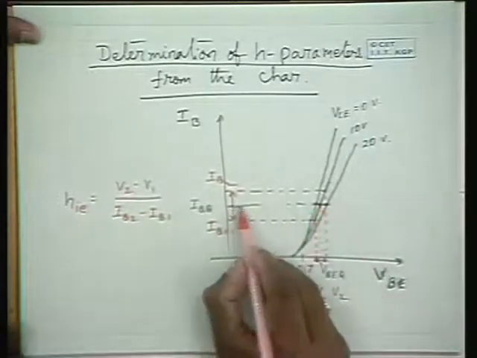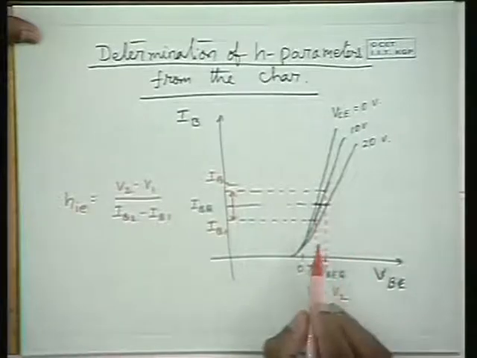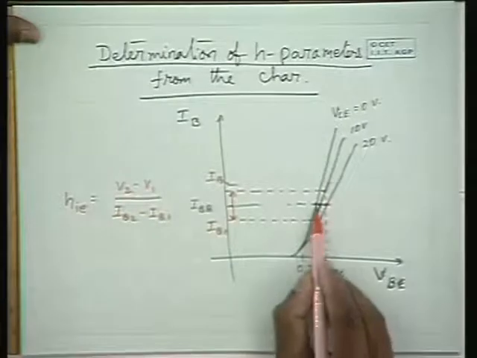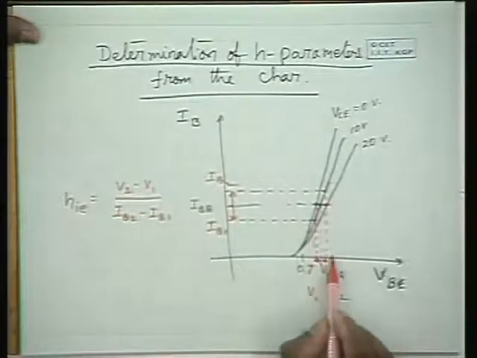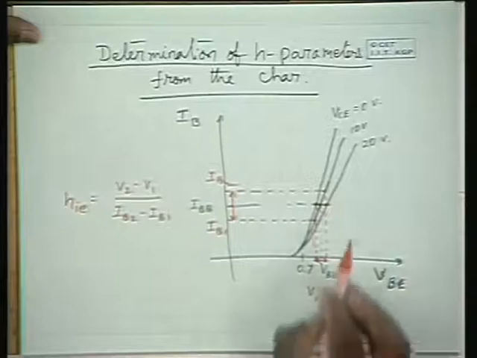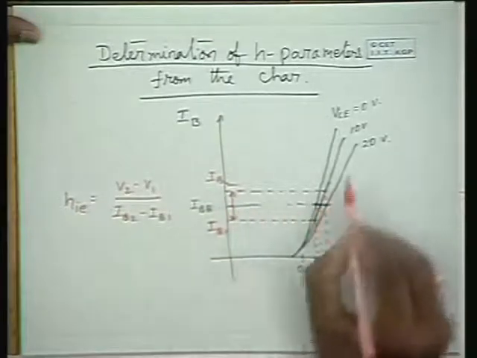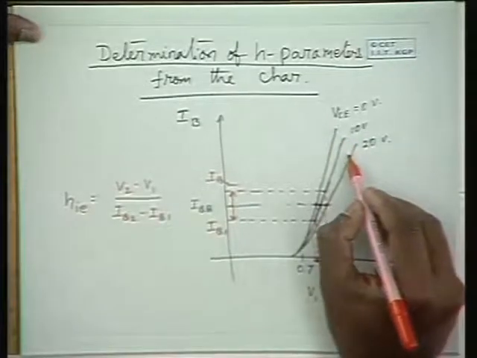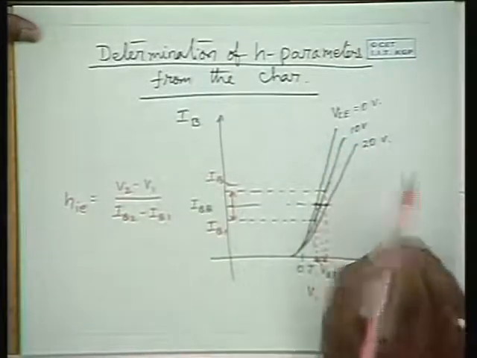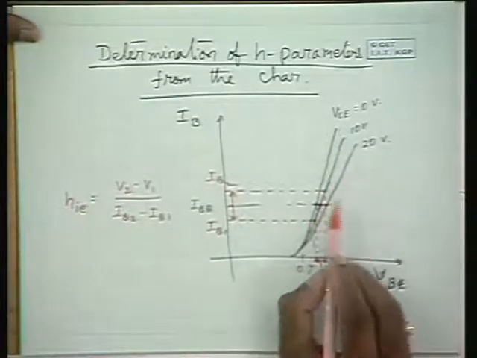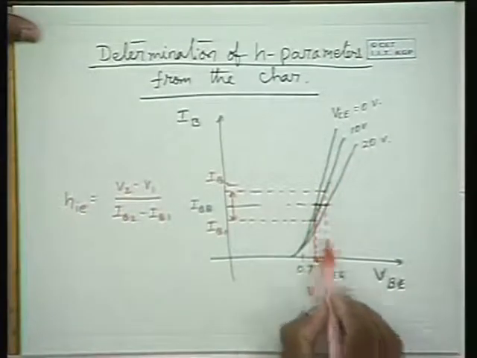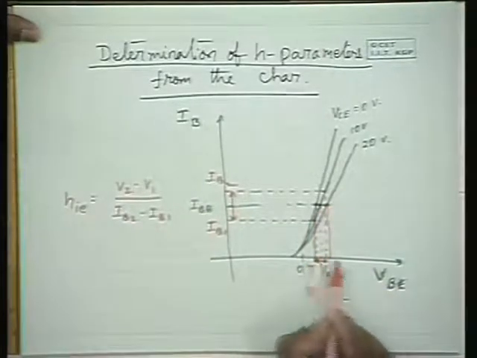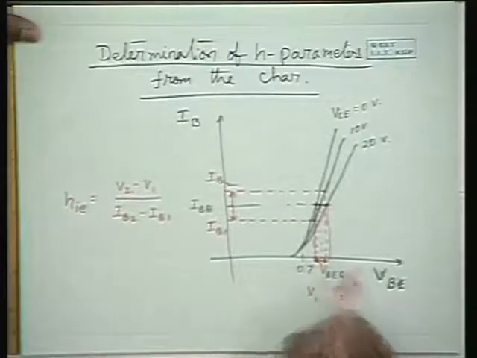When the input is maintained on this line, a change in the output voltage VC produces an equivalent change in the base to emitter potential. So when IB is held constant, if VCE is varied from say 0 to 20 volts, then VBE will vary between this quantity and this quantity.